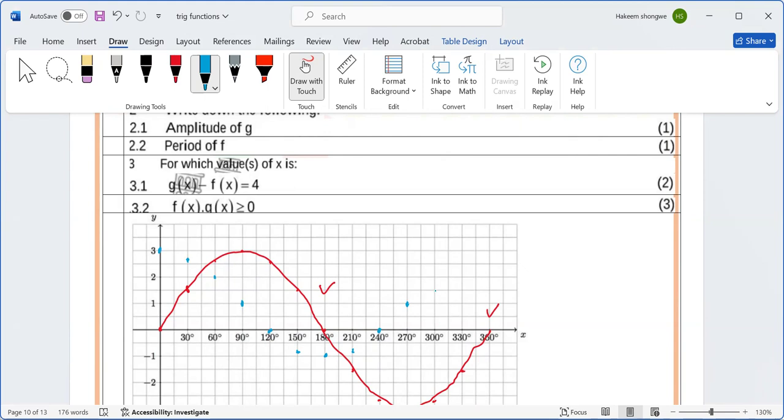Then right is 2. Okay, 330? 360 is 3. Okay, after that you connect.